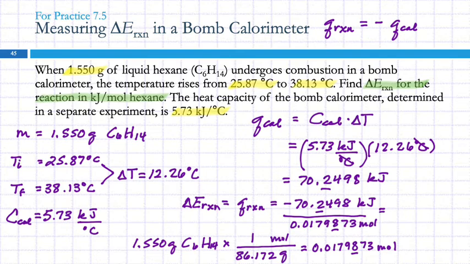So now I've got negative 70.2498 divided by 0.0179873 equals negative 3905.5, 3 sig figs, kilojoules per mole.